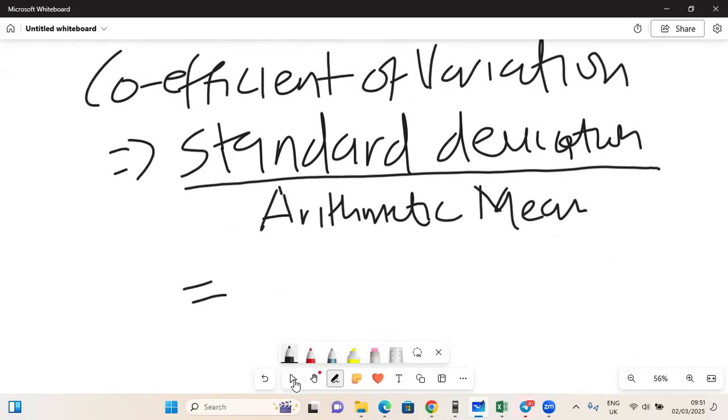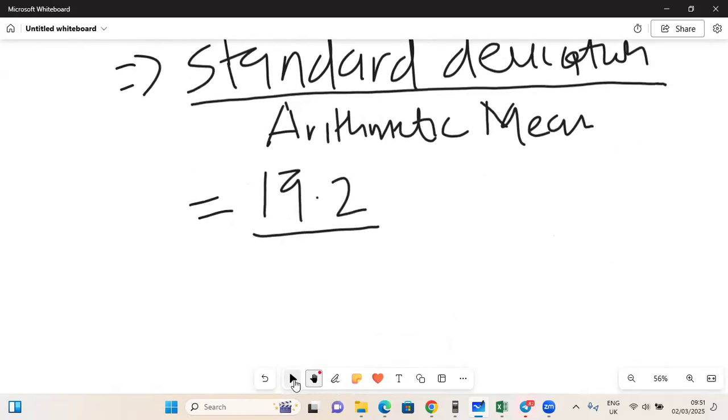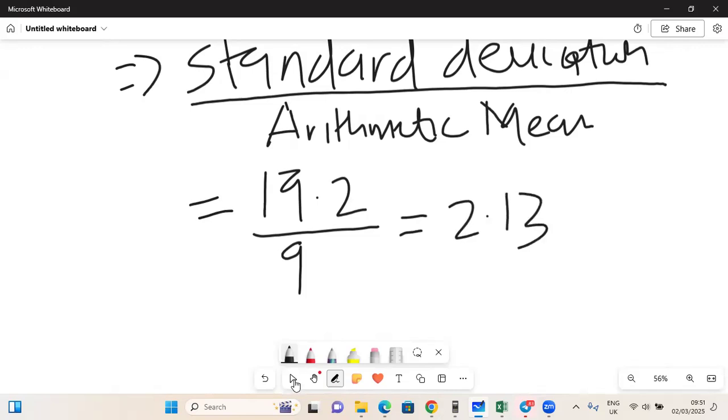So coefficient of variation is 19.2. That was the standard deviation, all over the arithmetic mean or expected return, which is 9. We are going to get 2.13.